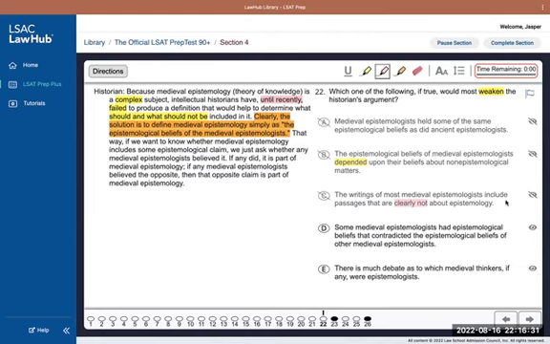D, some medieval epistemologists had epistemological beliefs that contradicted the epistemological beliefs of other medieval epistemologists. We don't care about that contradiction, right? And in fact, they kind of talk about contradiction already, right? They say both the claim and the opposite claim, so if there's debate among medieval epistemologists, all of their claims would be included in the realm or the definition of epistemology.